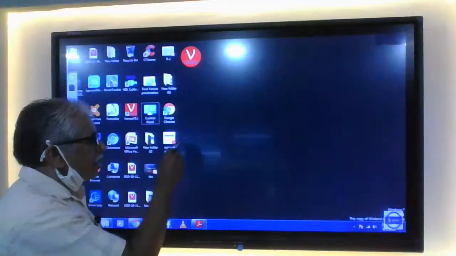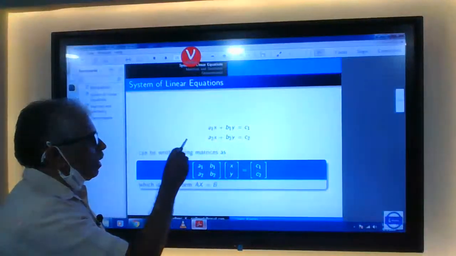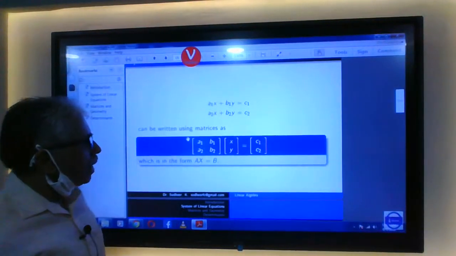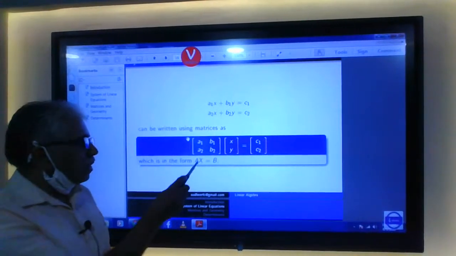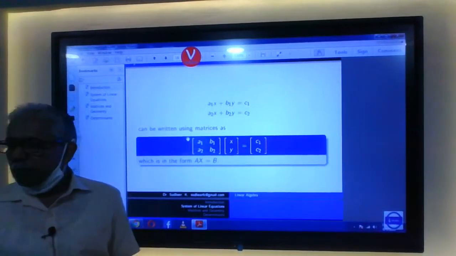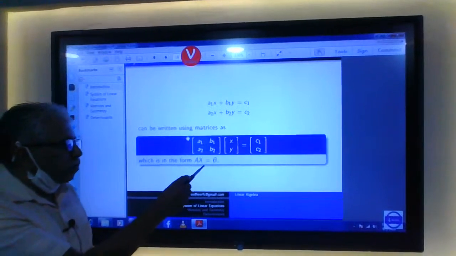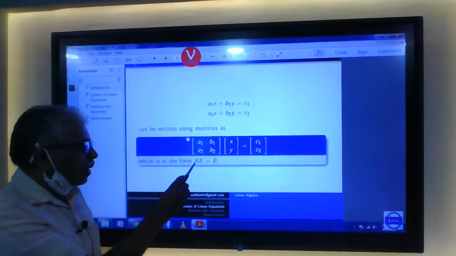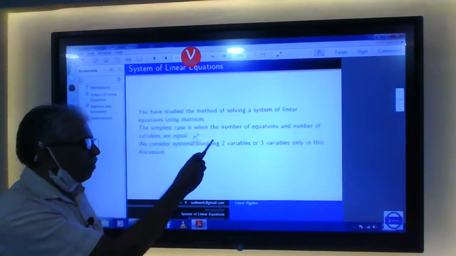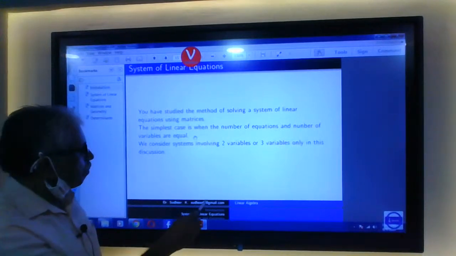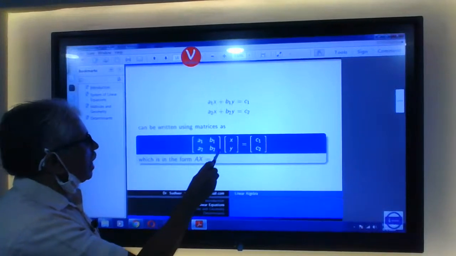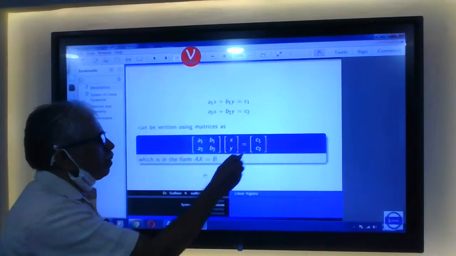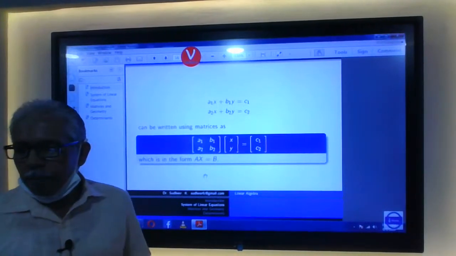So this is a pair of linear equations in two variables, and this can be written in the matrix form AX equal to B, where A is the matrix a1 b1 a2 b2, X is the matrix x y, and B is the matrix c1 c2.